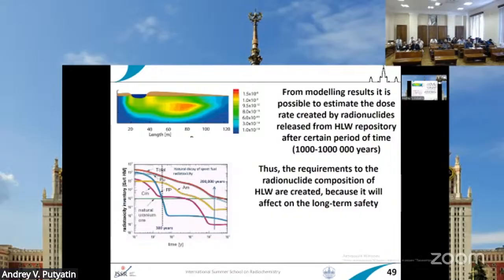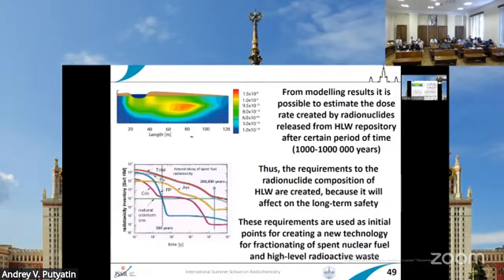That means that with this forecast, we can analyze what amount of the long-lived radionuclides, for example, can be placed in this disposal to provide safe isolation of the radionuclides. So these requirements can be used as initial points for designing and creating new technologies for the treatment of high-level waste or spent nuclear fuel.